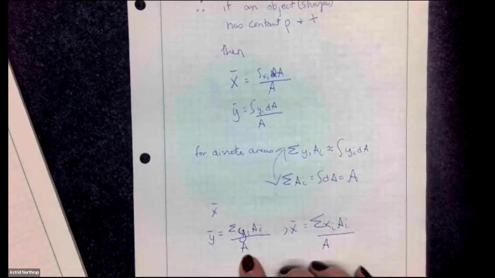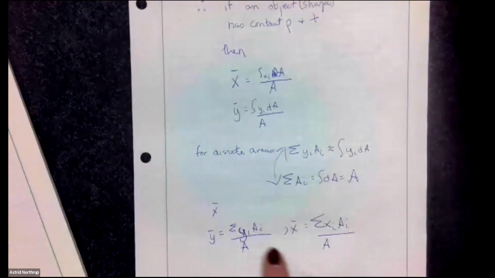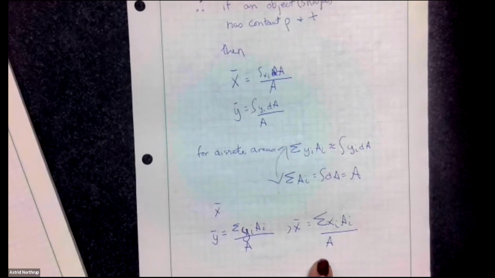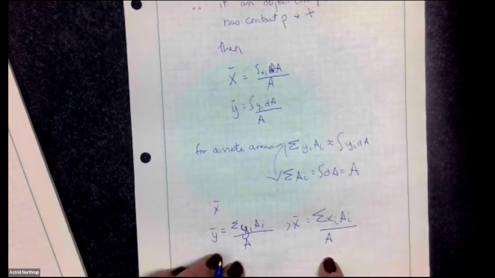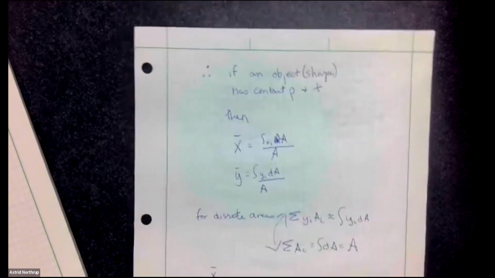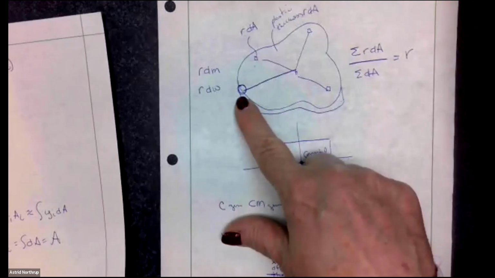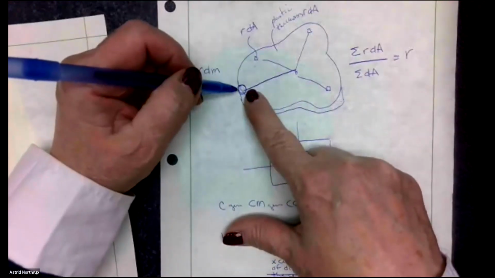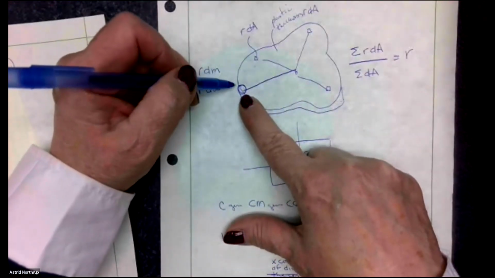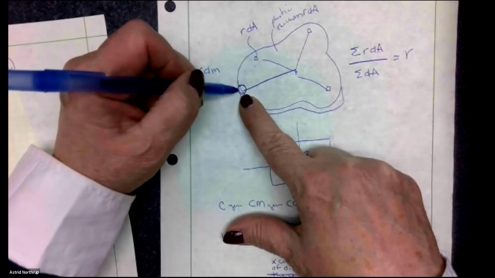So if we have a composite shape that we can identify by different discrete areas, we can add them together in this way, sort of a weighted average. That's a terrible pun, because we are talking about weight, but not weight in the sense of mass times gravity.